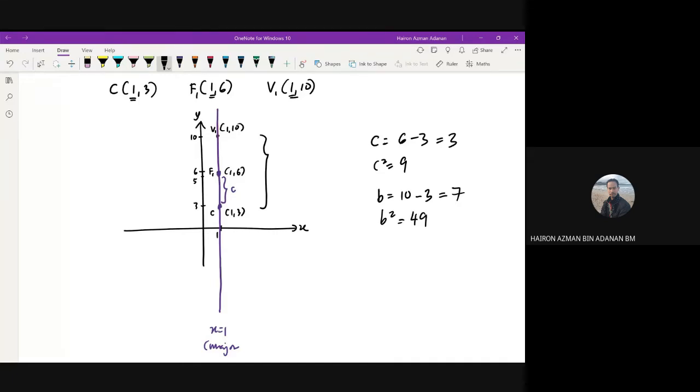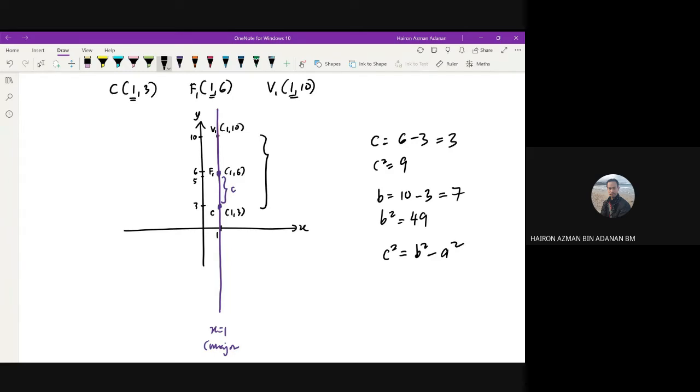Okay, so as usual, by using formula, C squared equal to, which one bigger, A or B? Confirm B, because major axis is parallel to Y. So the biggest value is under Y. So C squared equal to B squared minus A squared.